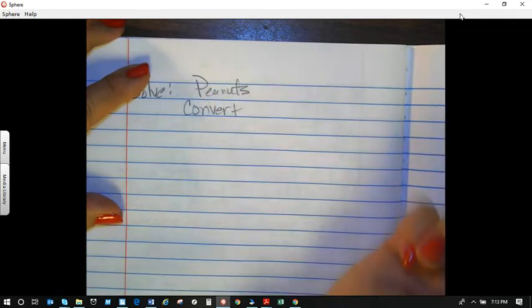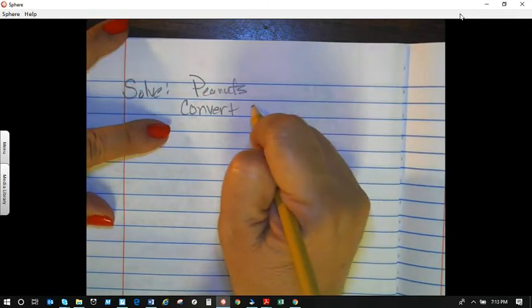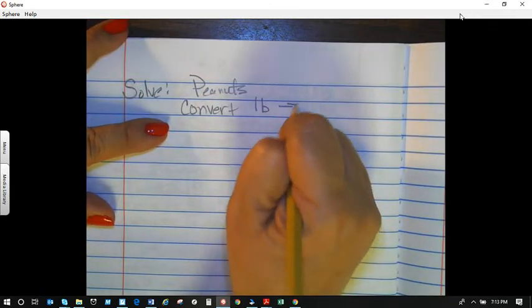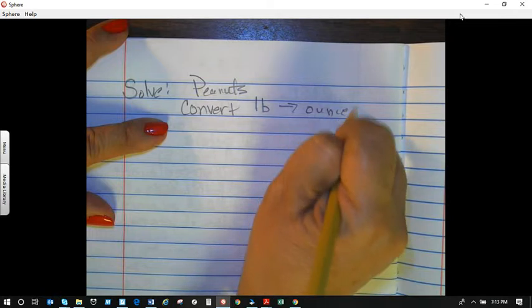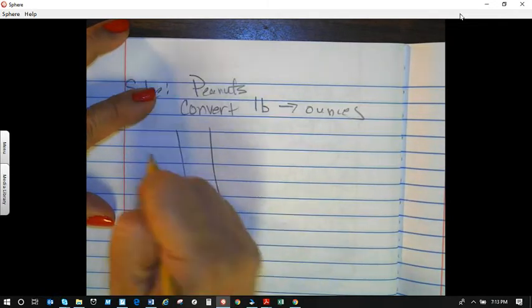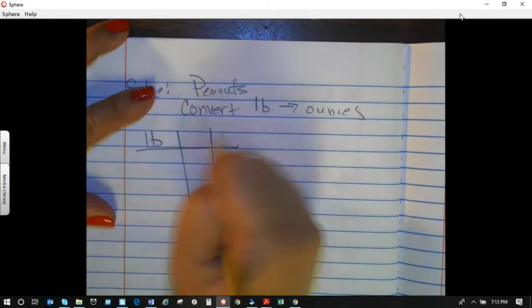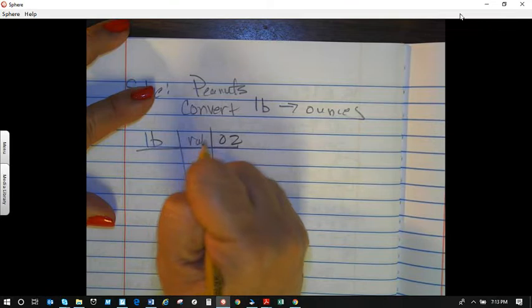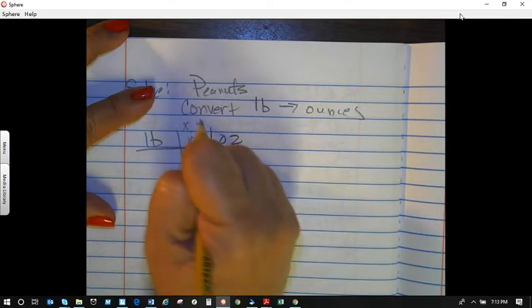All right, so I know that I'm going to convert. This is going to be for peanuts. Oh, those lucky peanuts. I'm going to convert pounds to ounces. So I'm coming over here to make my table. Pounds to ounces. Here's my rule. Do I multiply? Do I divide? Questions, questions.